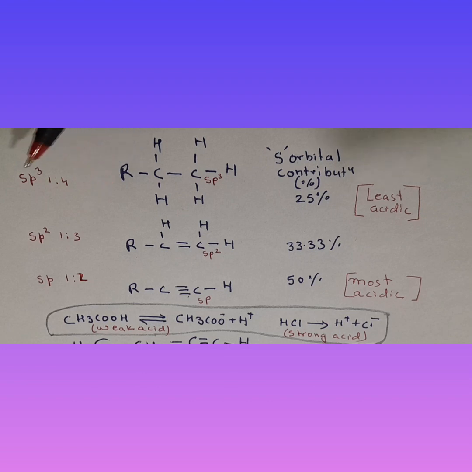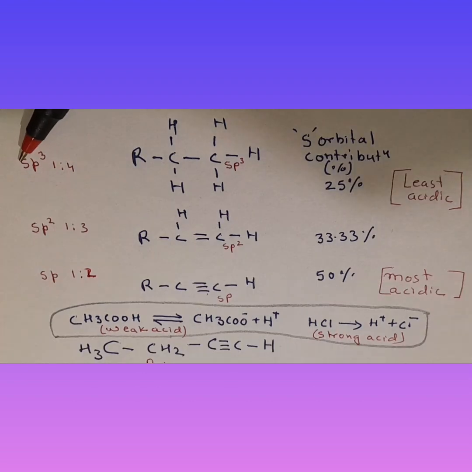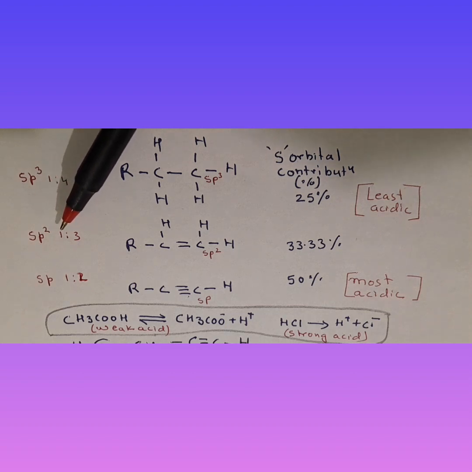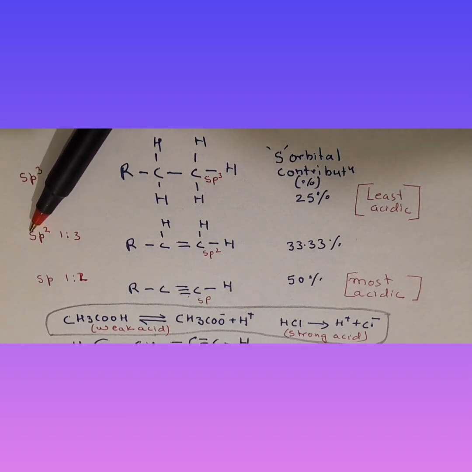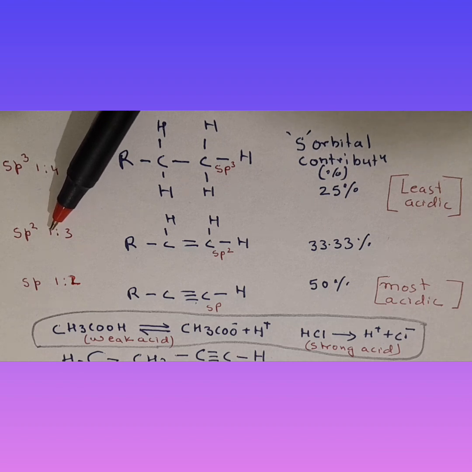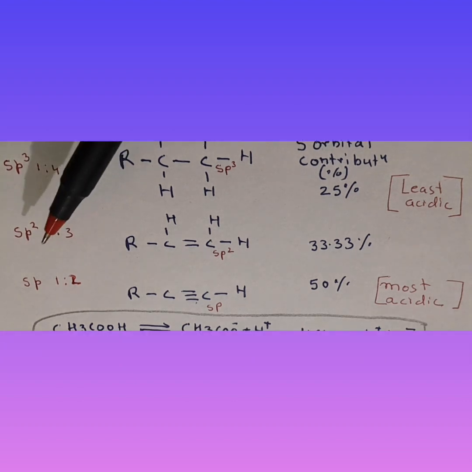In case of sp3 hybridization, the ratio of S to P is 1:4. Why 1:4? Because it is 1 of S and the total is 1 plus 3, that is 4. Whereas in case of sp2 hybridization, the S orbital relative to the total is 1 plus 2, that is 3, so the ratio is 1:3.